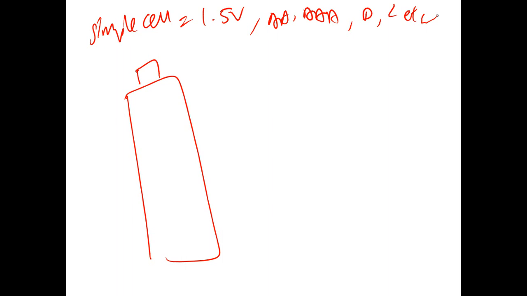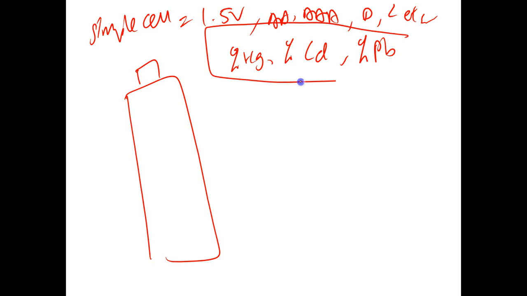Look for cells which are made in Singapore and contain 0% mercury, 0% cadmium, and 0% lead. Yes, lead. Because these three substances are extremely toxic for what's going to happen later on. So buy a good cell without these three toxic substances, and you can now proceed to dismantle the cell.